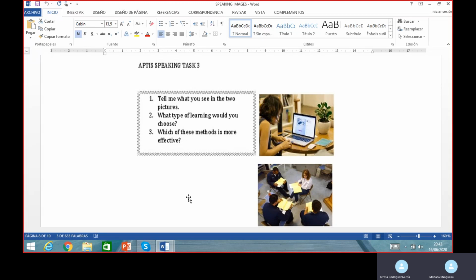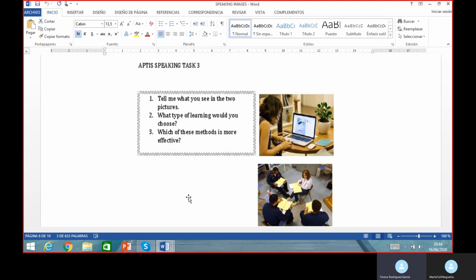Okay. Well, in the first picture, we can see a woman with her computer, while in the second picture, we can see a group of people. There is a teacher and three pupils. I think that the group of people is the method more effective for the children, because with this method the children pay more attention.